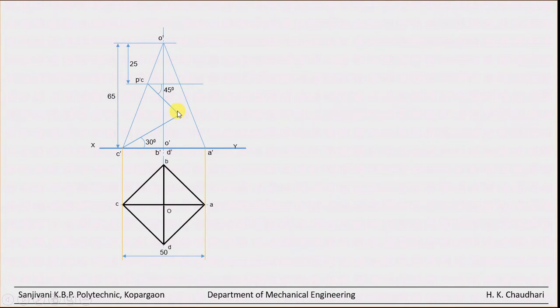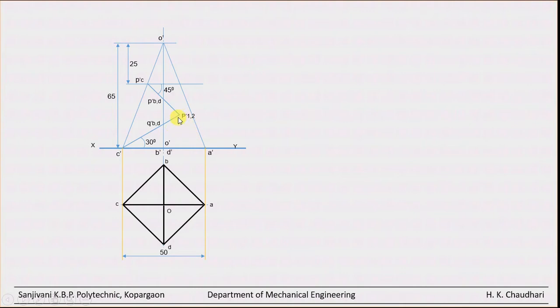See, this top cutting plane intersects the slant edges OB and OD at this point, P dash B and P dash D. The bottom side cutting plane intersects the same slant edges at this point, so we can label these points as Q dash B and Q dash D. Next, the point of intersection of these two cutting planes, just label it as P dash 1 and P dash 2.